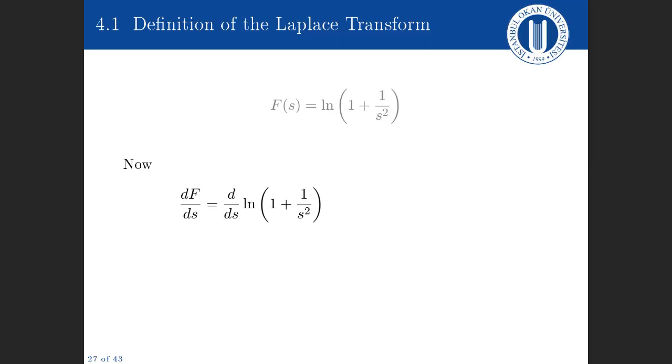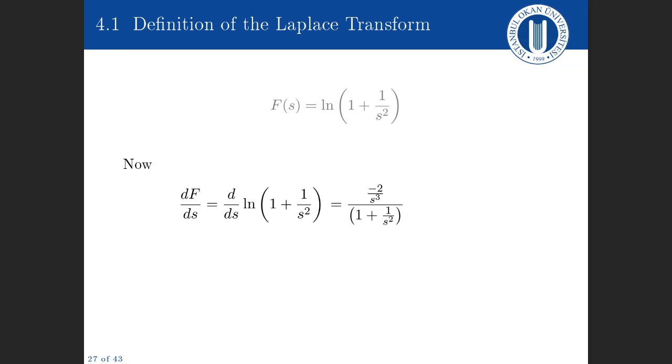Okay, so we're starting with capital F is the natural logarithm of 1 plus 1 over s squared. The first thing I want to do is differentiate this. We differentiate it, we get minus 2 over s cubed, all divided by 1 plus 1 over s squared.